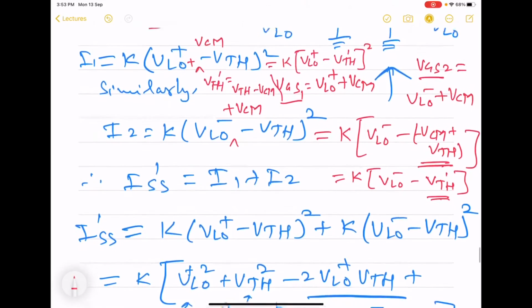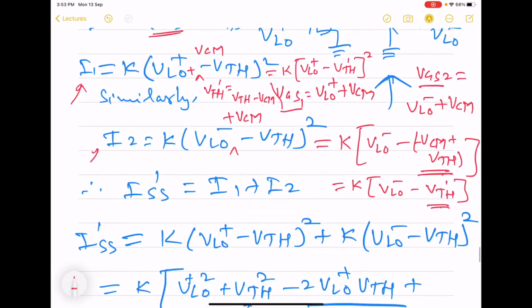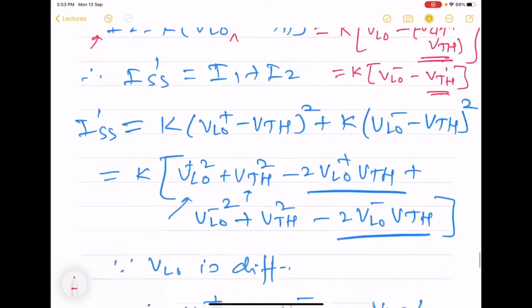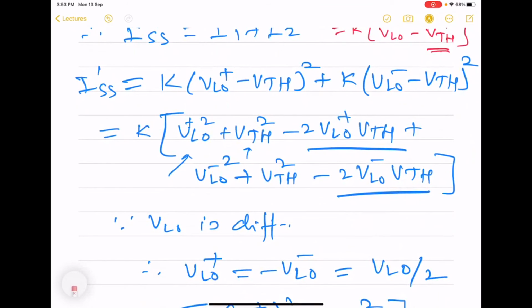So we see that in both the equations I1 and I2, it is VTH which gets modified. So everywhere now we will have VTH dash.